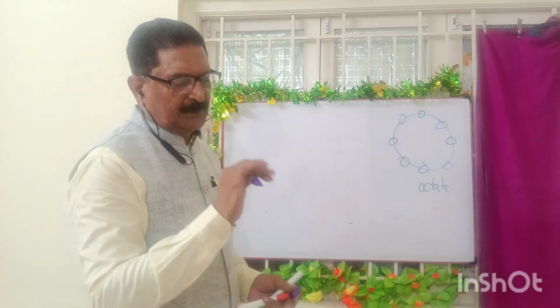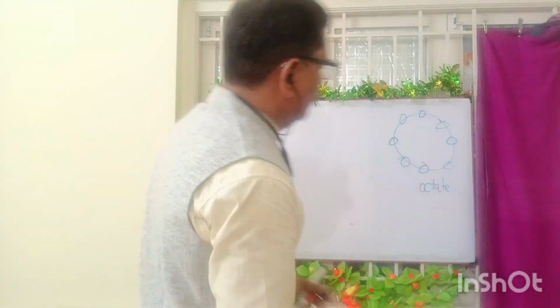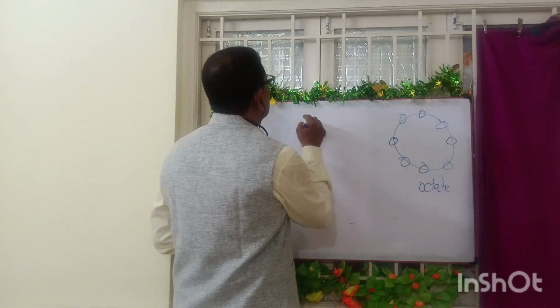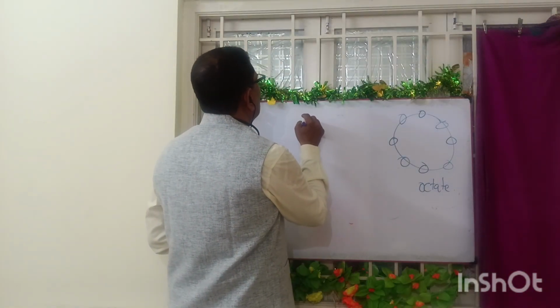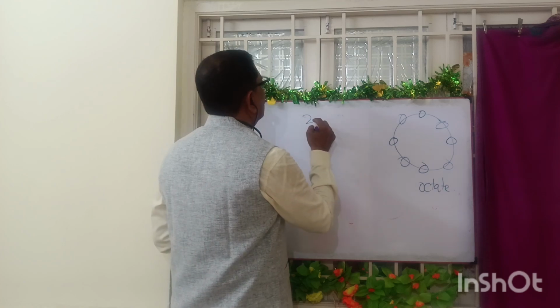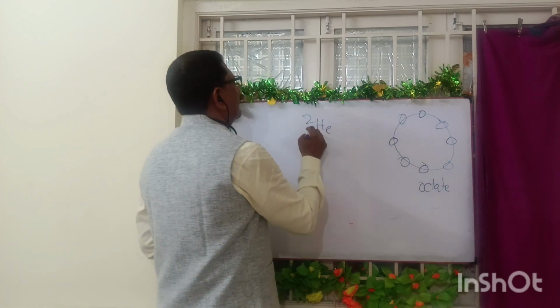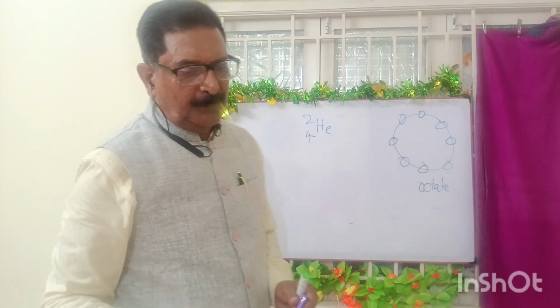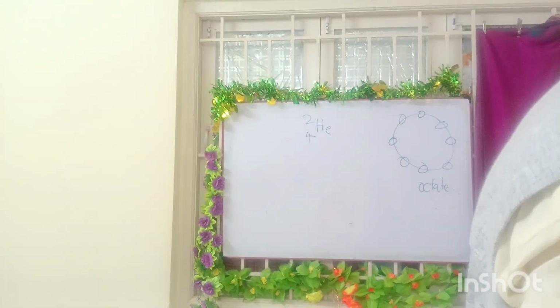So let us take only the 2 examples. First is helium. Helium, the atomic number is 2 and atomic mass is 4.